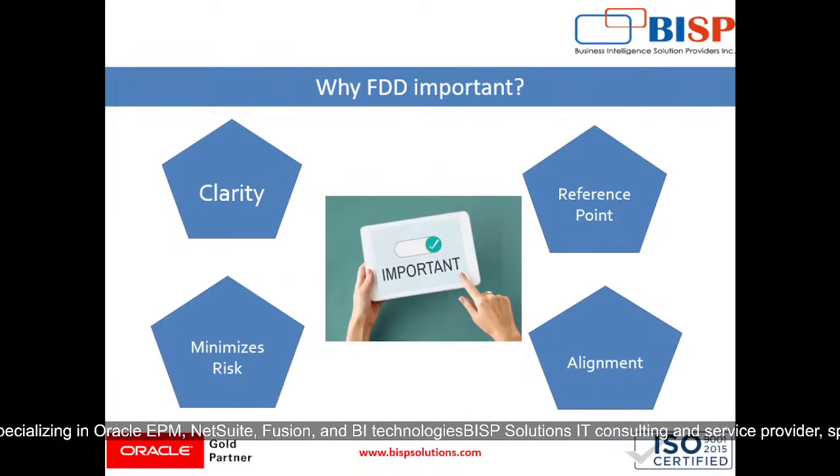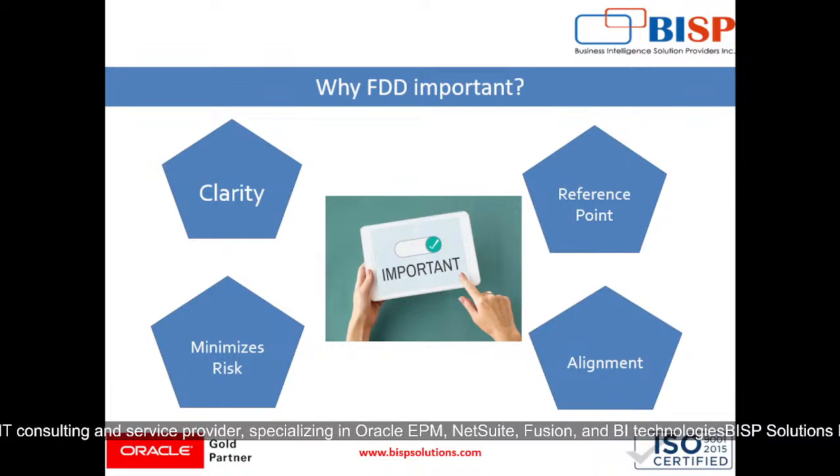Then why we are making an FDD, or why an FDD is important for business. First of all, it provides clarity: a clear understanding of how the system will meet business needs.